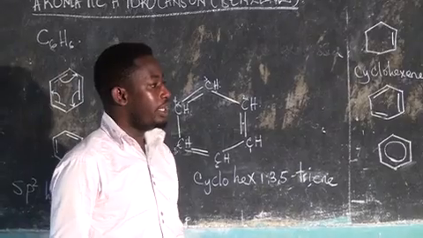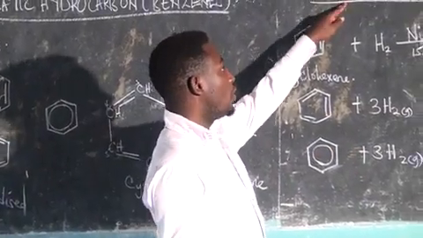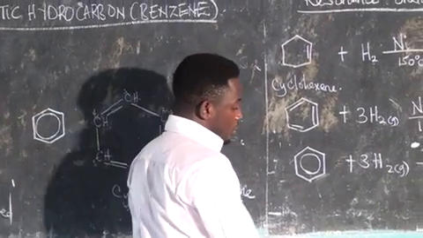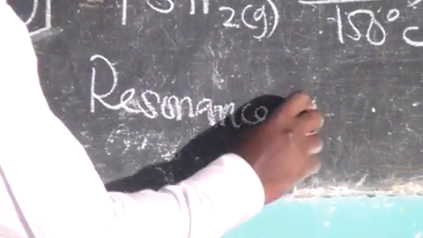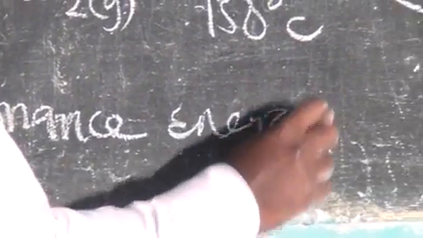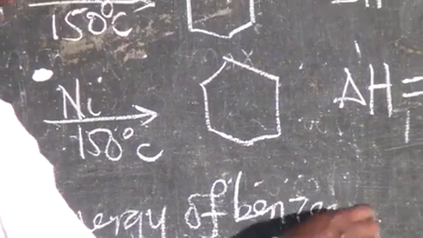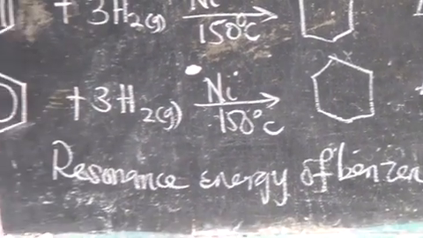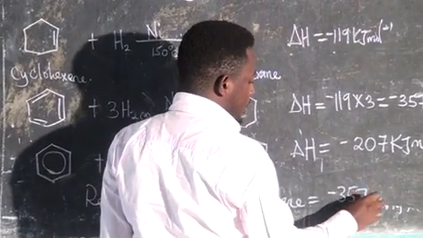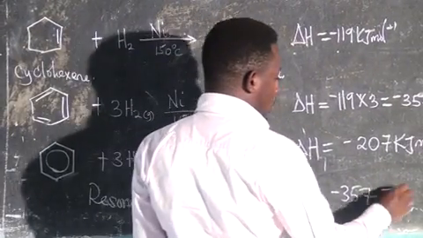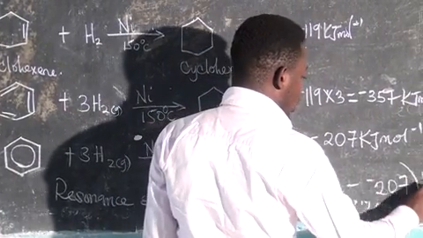So we are going to say the difference in the energy of hydrogenation is what we call resonance energy. So the resonance energy of benzene is going to be what we expect, minus 357, minus the actual, which is minus 207 kilojoules per mole.